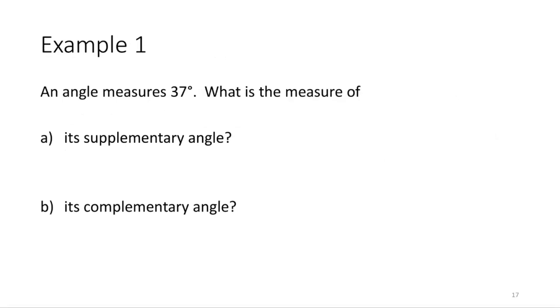The measure of the supplementary angle would be 180 minus 37, which is 143 degrees. If I want the complementary angle, I would do 90 minus 37, so the complementary angle would be 53 degrees.